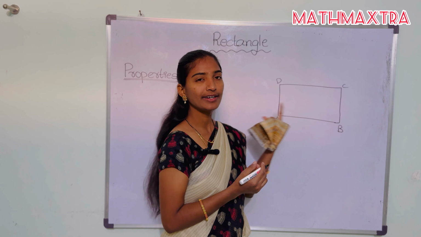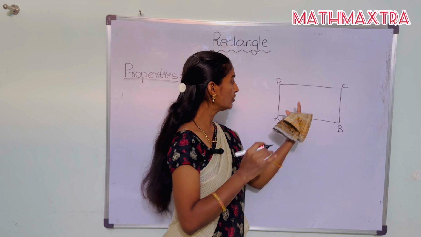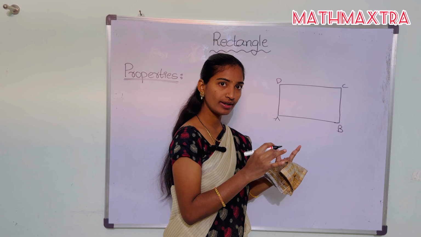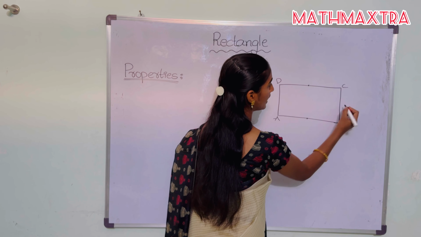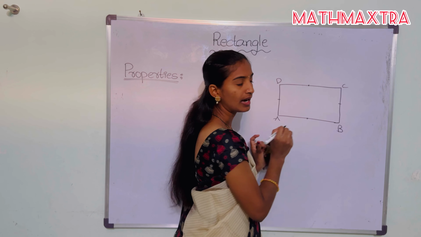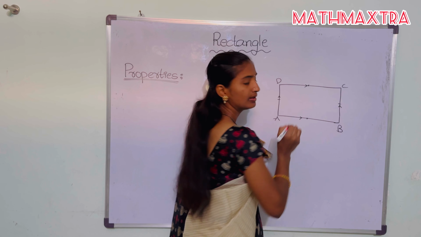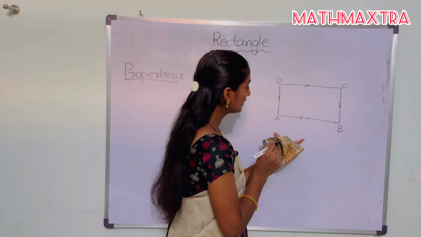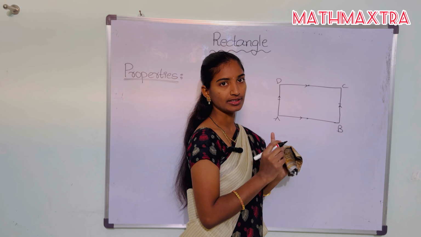We know that according to the definition, the pairs of opposite sides are parallel, right? The pairs of opposite sides are not only parallel, they are equal. This side is equal to this side and this side is equal to this side. And these two are parallel and these two are parallel.